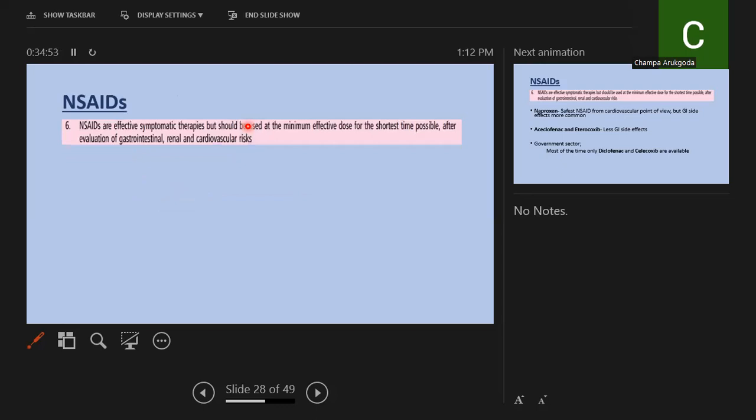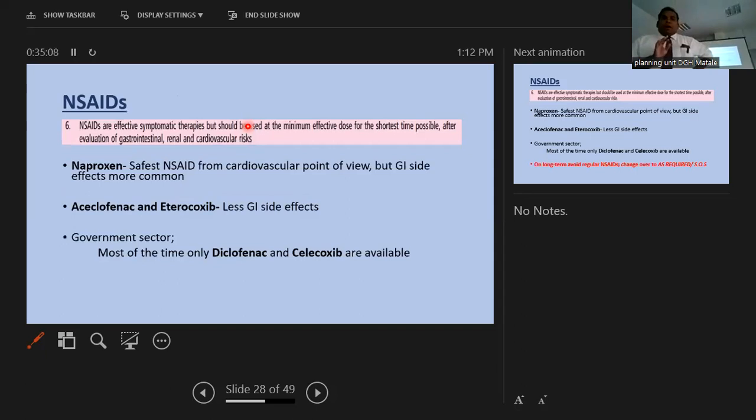A word about NSAIDs. Obviously, we all have to use NSAIDs if there are no contraindications, but they should be used at the minimum effective dose for the shortest time possible, after evaluation of gastrointestinal and cardiovascular risk. Out of NSAIDs, naproxen is the safest when it comes to cardiovascular risk, but it has a more GI side effect profile.